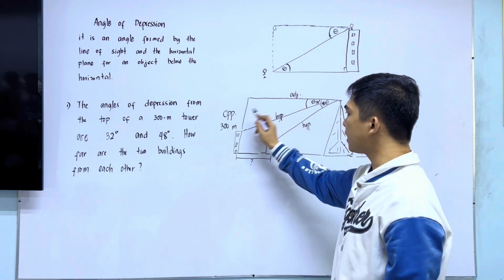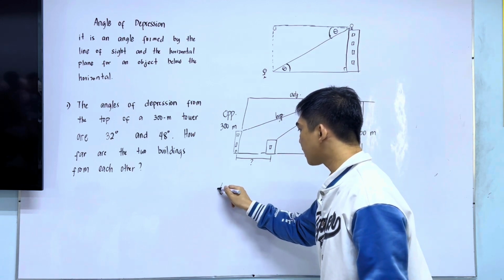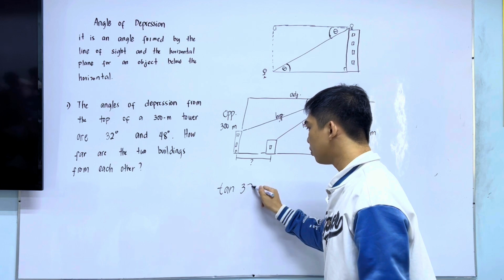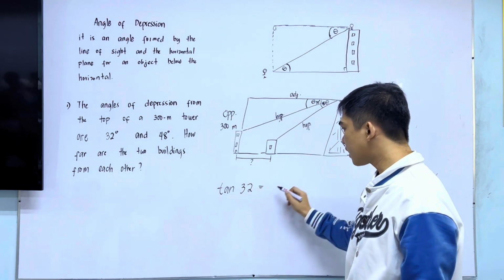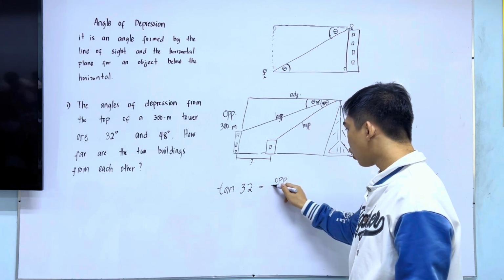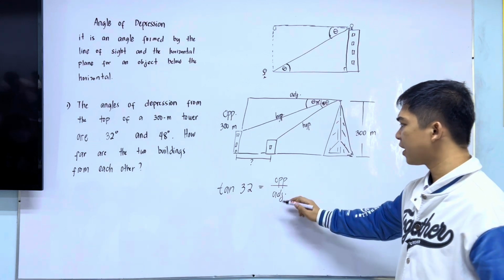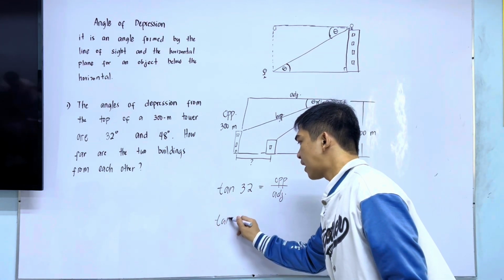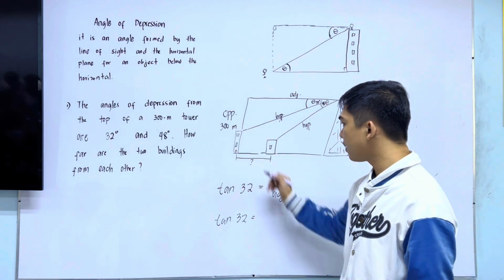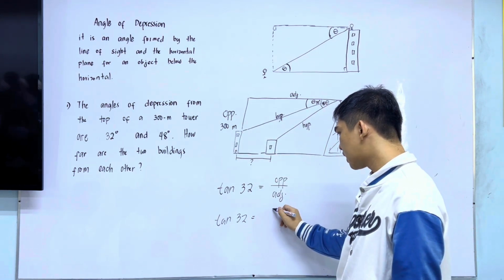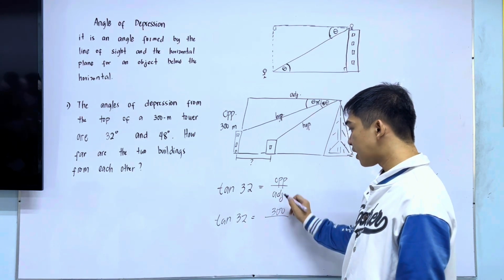So, tangent pa din. TOA. So, we have tangent 32. That's the angle. Is equal to opposite natin over adjacent. Now, unknown si adjacent. So, tangent 32, opposite is given. We have 300 over adjacent is unknown.